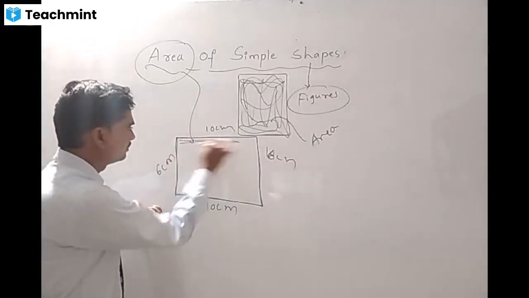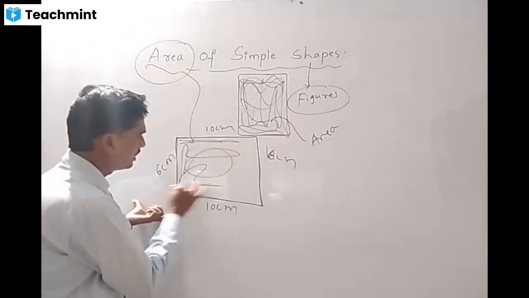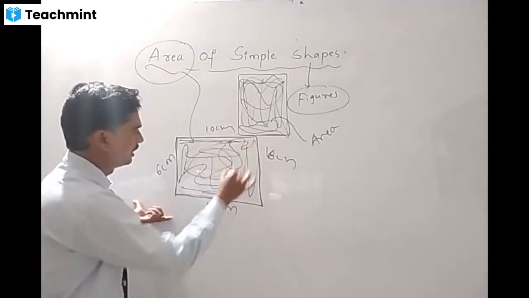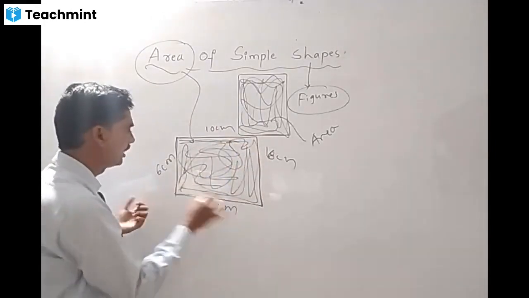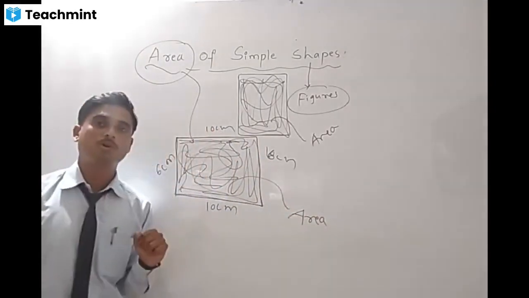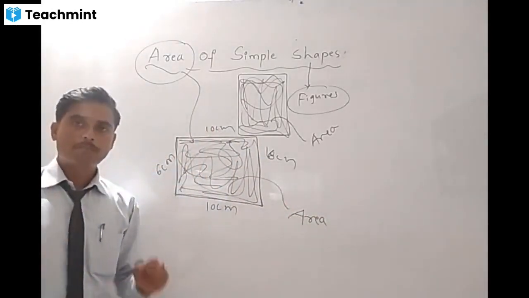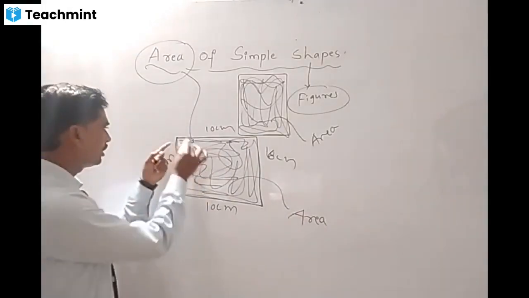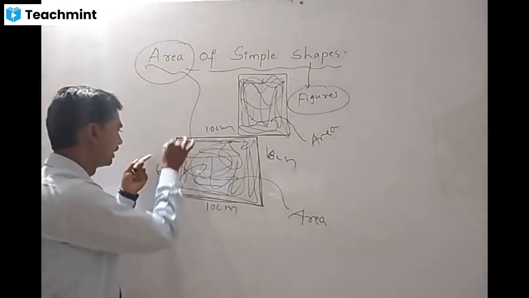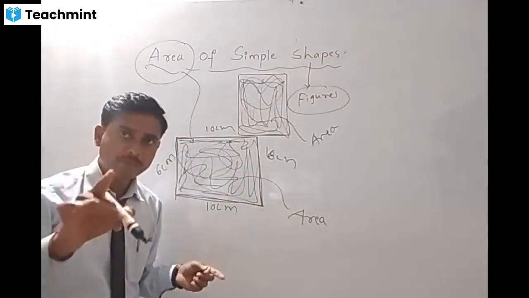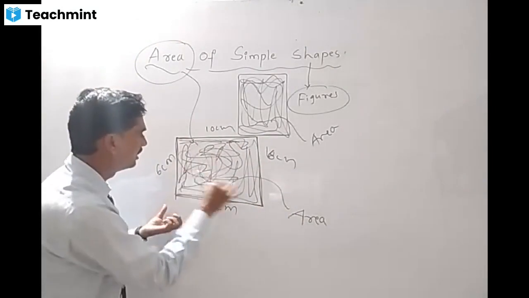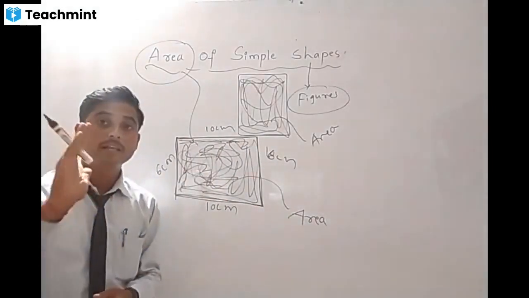This is the inside of the boundary, and the inside of the boundary is called area. Perimeter means the total length of this boundary, and how much space is inside that figure is called area.